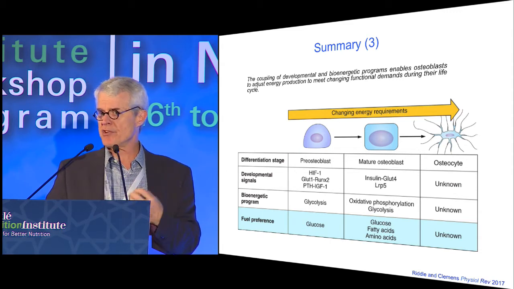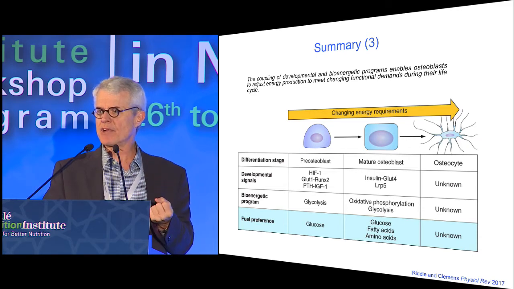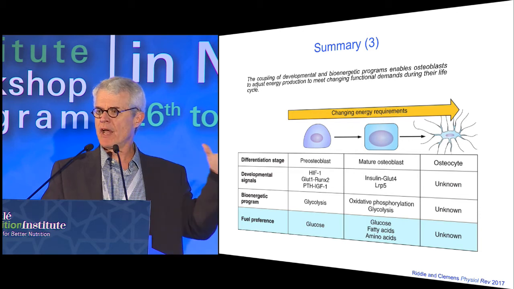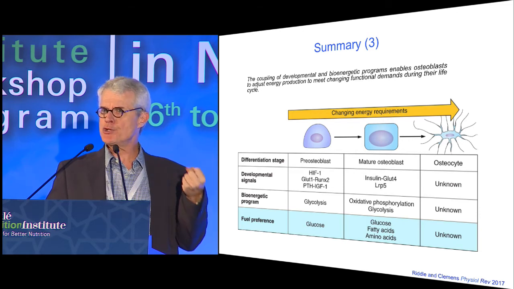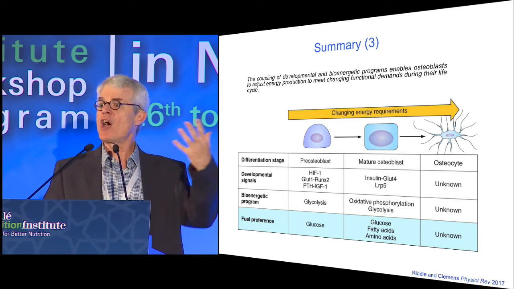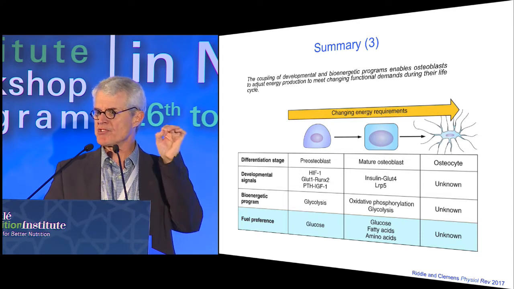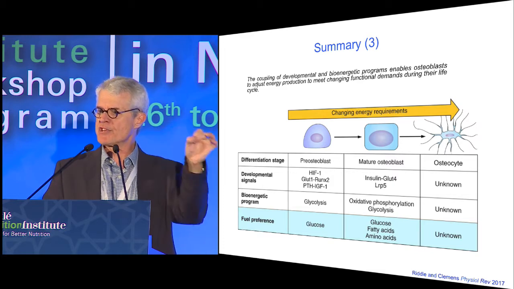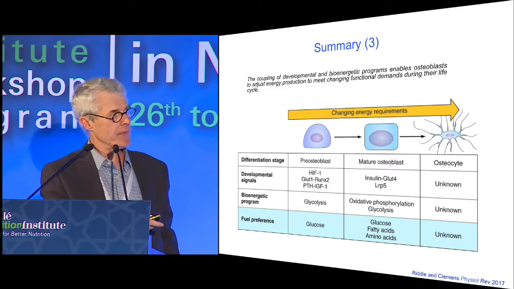Terminally differentiated osteoblasts or osteocytes, we have no idea what's going on. They're hard to study, although we'd like to get at that through techniques I won't have time to talk about. So again, the same developmental programs and genes that were responsible for the differentiation of osteoblasts are coupled to the bioenergetic program that's appropriate for that particular job that they have to do.